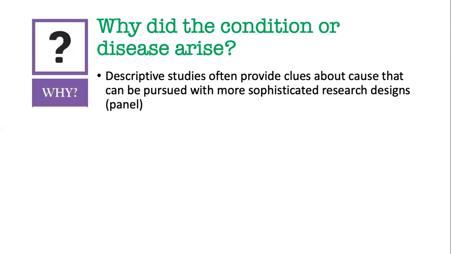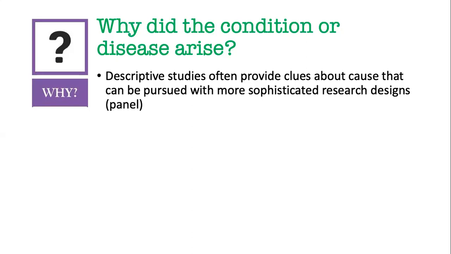Next is the why. Why did the condition or disease arise? Oftentimes, descriptive studies provide clues about the cause that can be pursued with more specific research designs. For example, let's say in a certain factory there is an unusual incidence of allergic conditions.